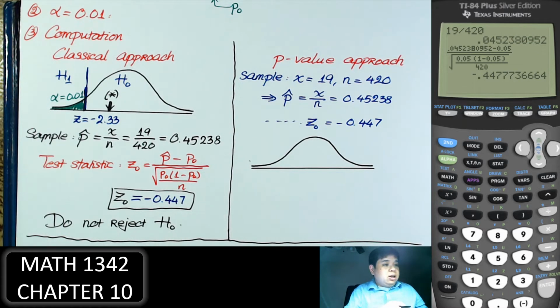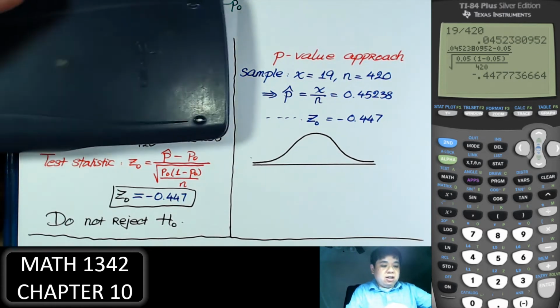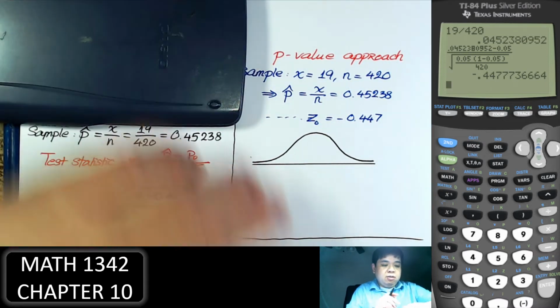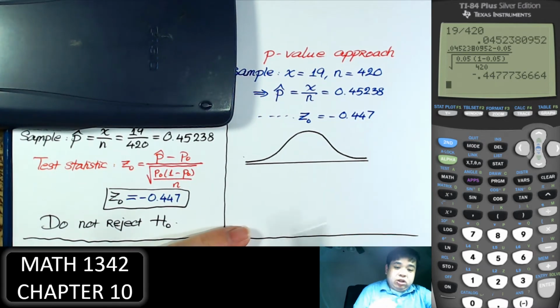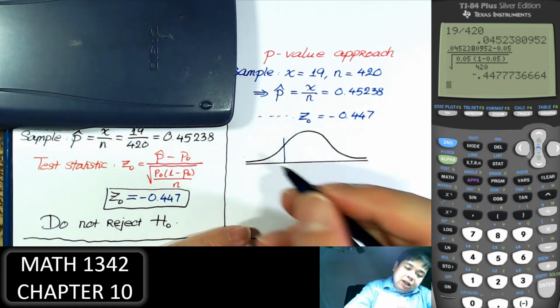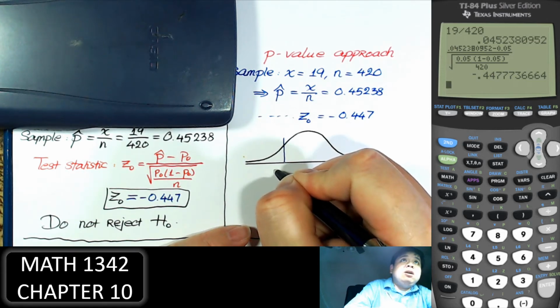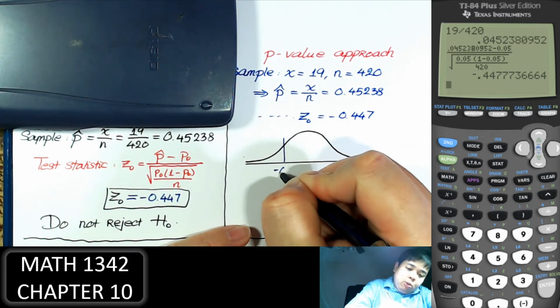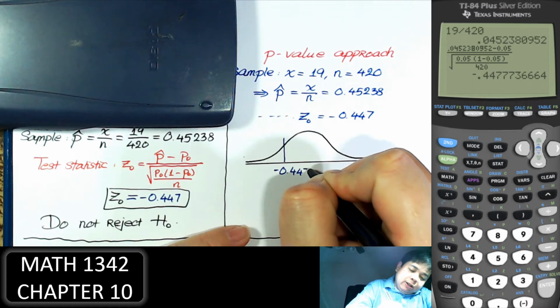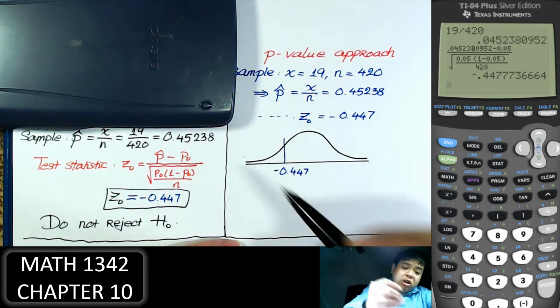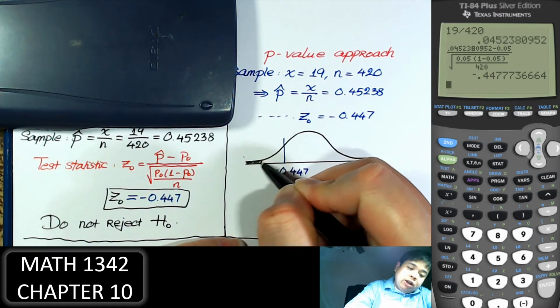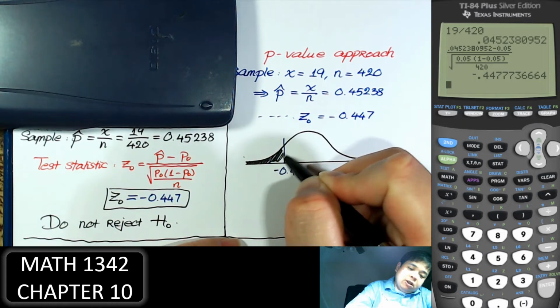For the p-values approach, we do not have that. We just have the z, still the same calculation. Now the z is negative 0.447, and we know this is the left tail, so we calculate the corresponding p-value.